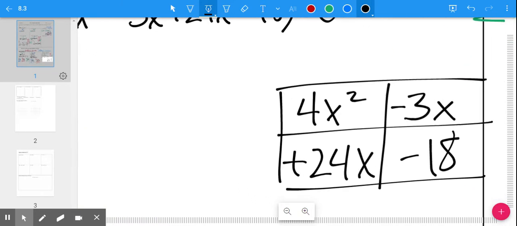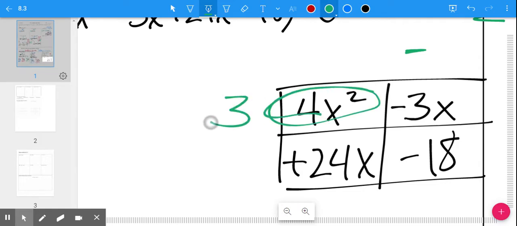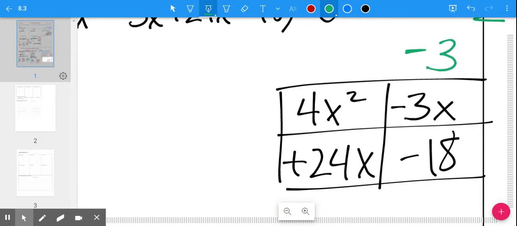Now you can do this one of 2 ways. The first thing I notice is that there's negatives in both of those boxes, so I know there's going to be a negative up there. How do I make a negative 3? That would be 1 times 3. I know 3 doesn't go into 4x, so the 3 cannot be right there. Instead, the 3 has to be here. So to make a negative 3x, it's negative 3 times x.